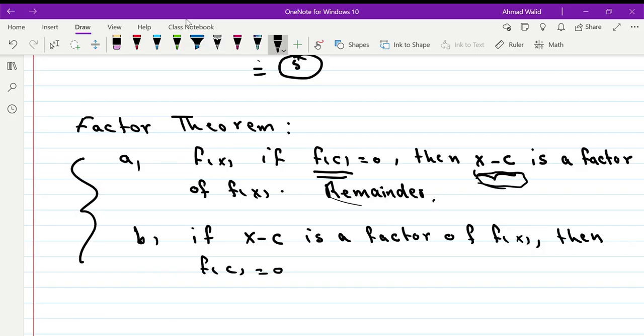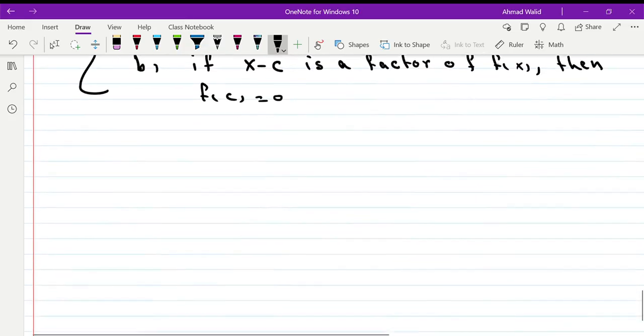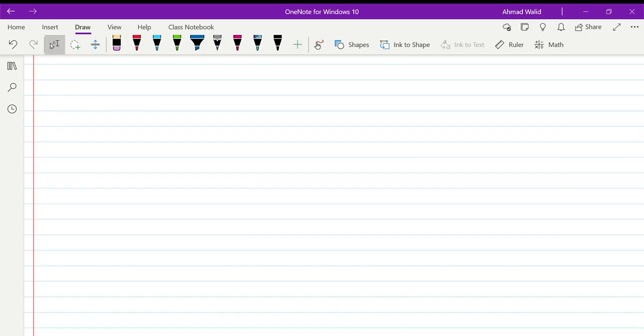Actually, A and B give you the same meaning. It's the other way of explaining it. If your divisor is a factor of your polynomial, then definitely your remainder becomes 0 when you divide. Let's see where we use this theorem.